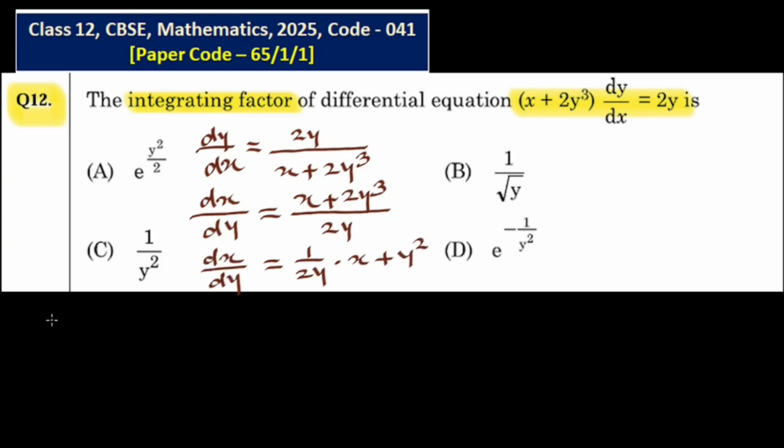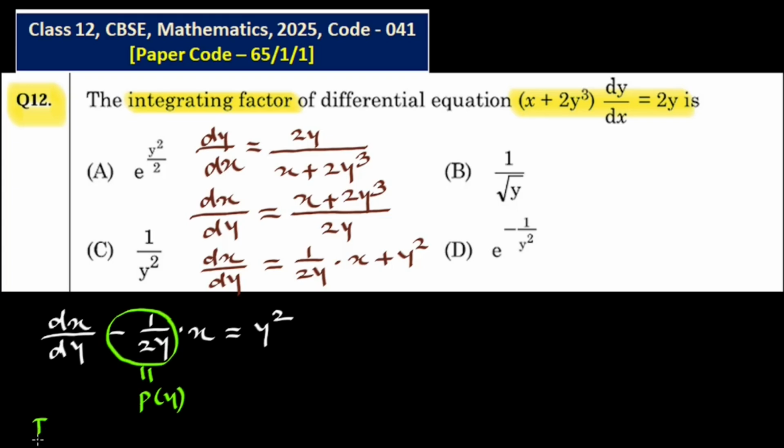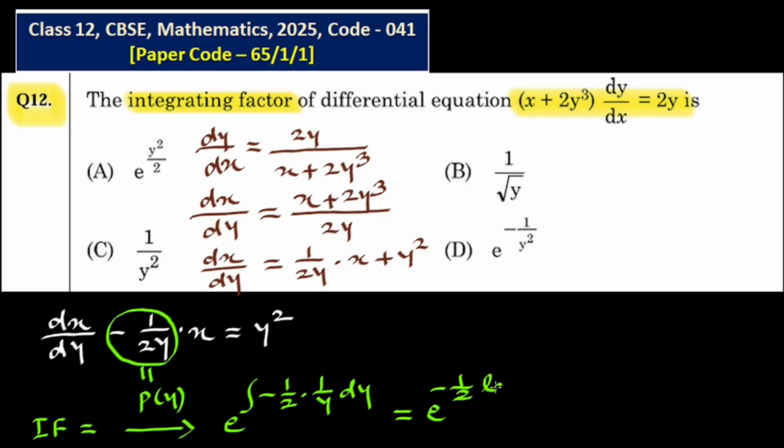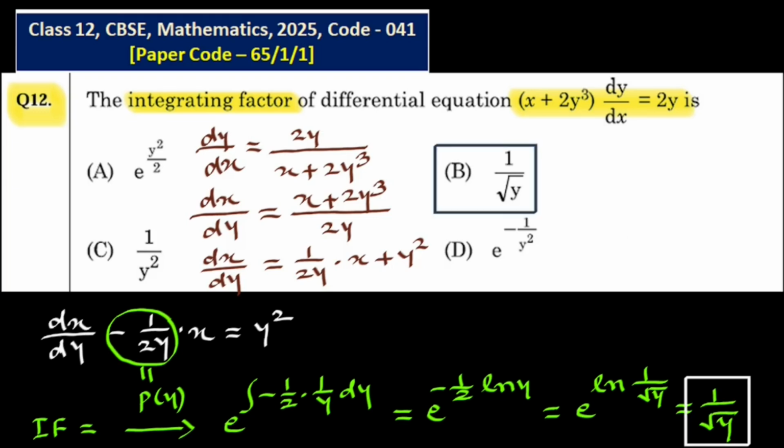This can be written as dx by dy minus 1 upon 2y x equals y square. Here minus 1 upon 2y is P of y. So the integrating factor will be e power integral P of y dy, that is minus half 1 upon y dy, e power minus half ln y, e power ln 1 upon root y, 1 upon root y. So the correct answer is option B, 1 upon root y.